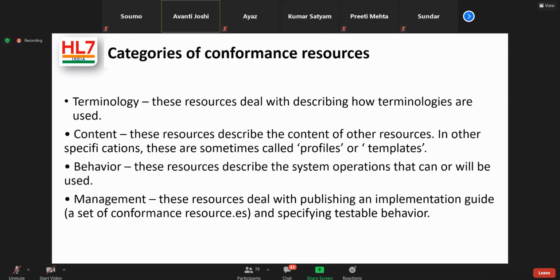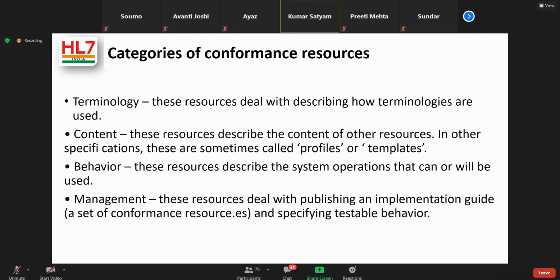So can we say that in spite of the systems being disparate, they can exchange information and understand the information? It depends. It depends on how you apply the constraint, because one of the basic rules of interoperability is the more strict you become, the better interoperability you get. The more loose your spec is, the less interoperable you are. So, for example, if you say that I only accept M as male for gender, then anyone who is going to interact with you only uses M, and M is well understood.